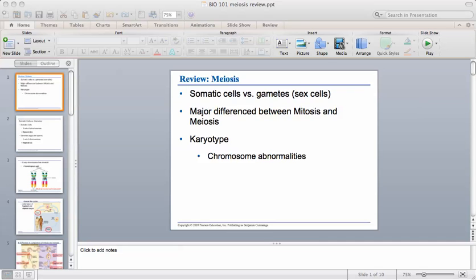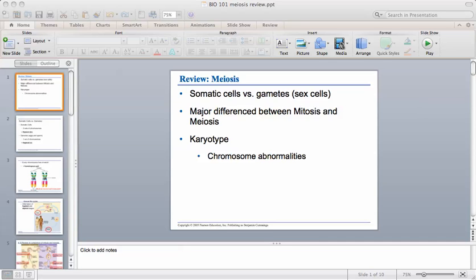If you are a lady, you will produce eggs. If you are a gentleman, you will produce sperm. The gametes are often called sex cells, and they are the major cells involved in sexual reproduction, which we will talk a little bit about in this video as well, as far as how those cells come into play in the process.